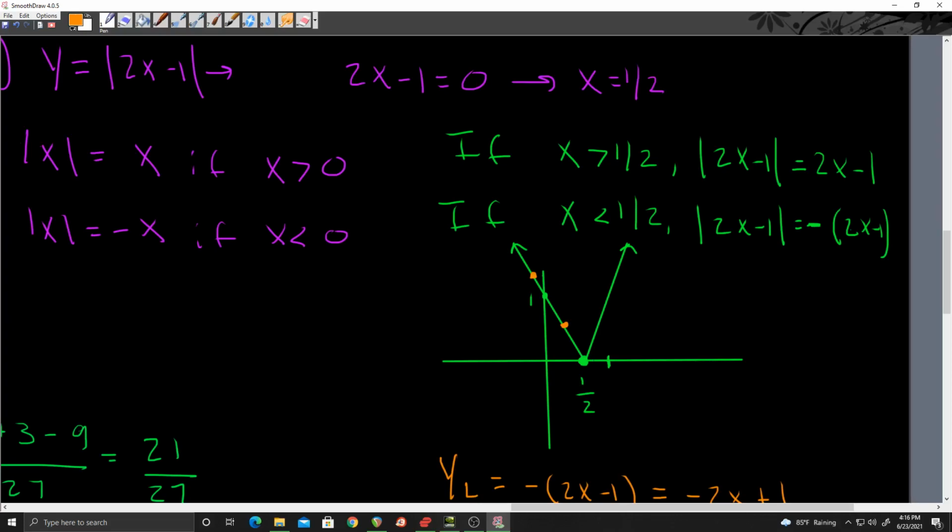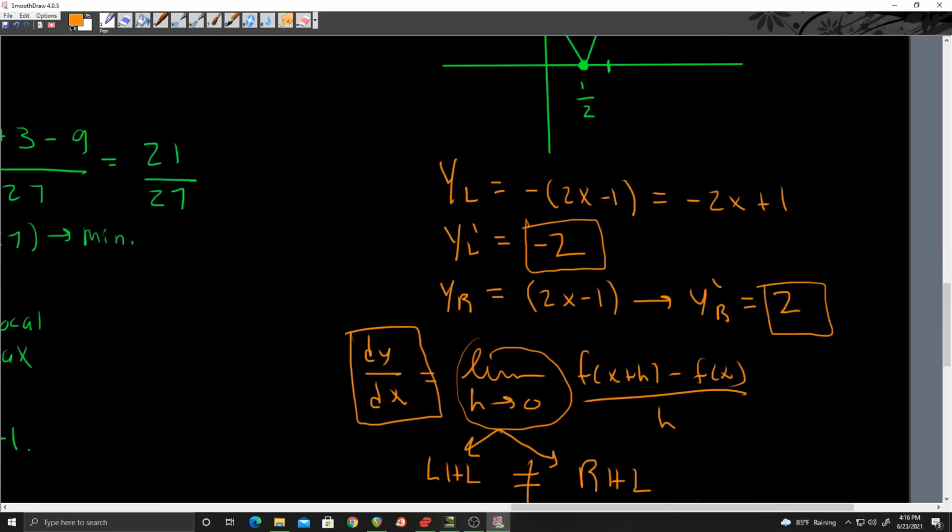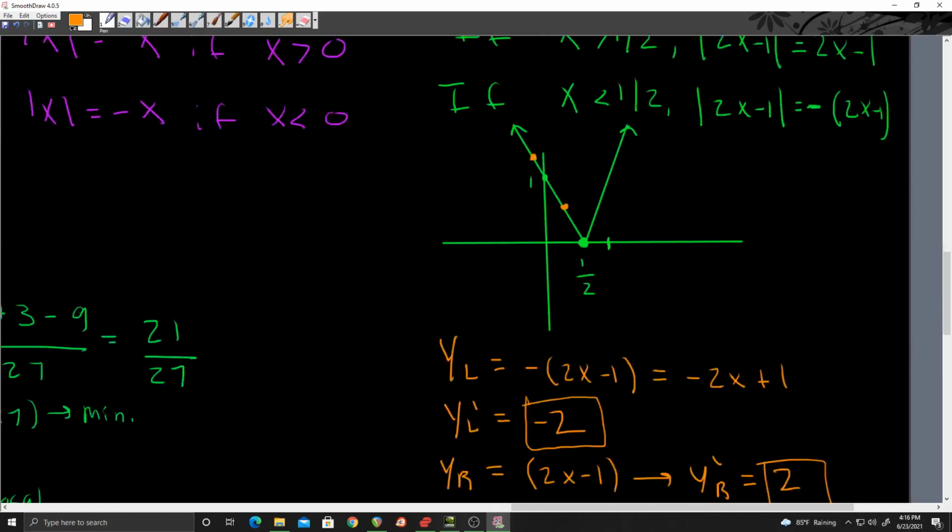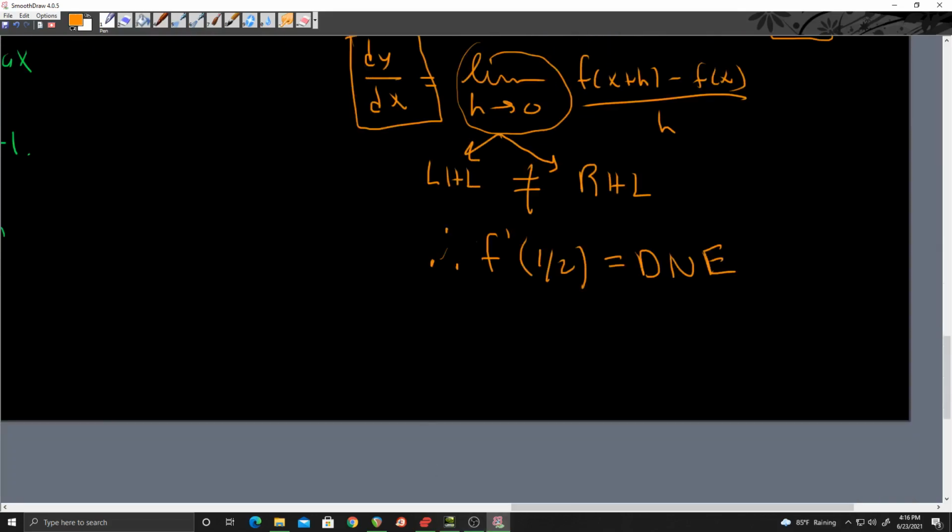Your derivative is undefined, but even so, look at what happens at x equal 1/2. The left-hand slope is negative 2, and the right-hand slope is positive 2.